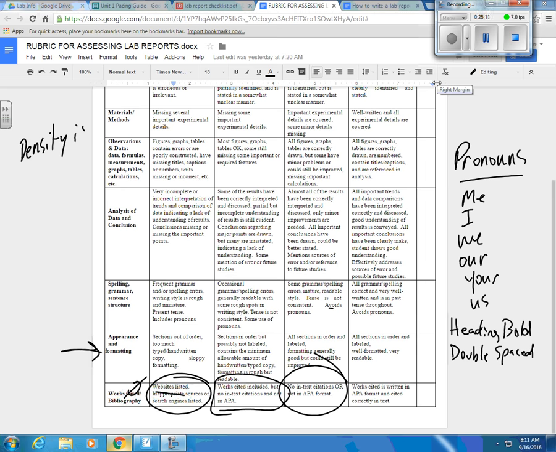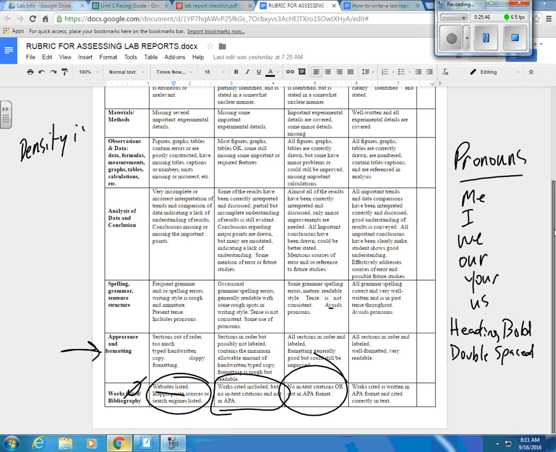If you say that density is the measure of mass divided by volume, or the measure of how much mass is in a given amount of volume, then you have your definition. And then you have to say what source you got that from, in parentheses at the end of that sentence. That is an in-text citation. So you need to make sure you do that and put them in APA format. If you do that, you're going to be down here.